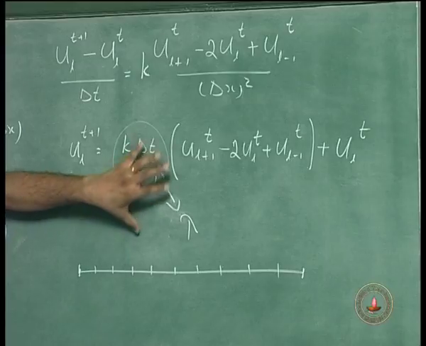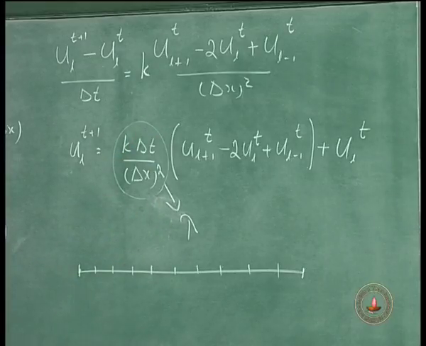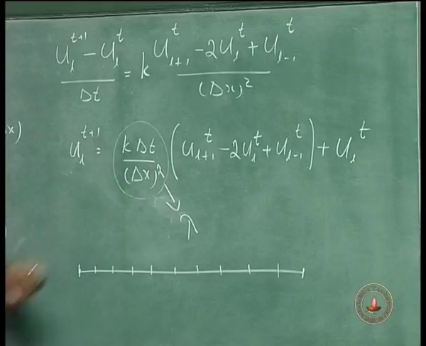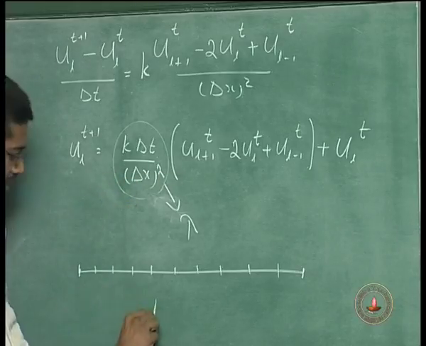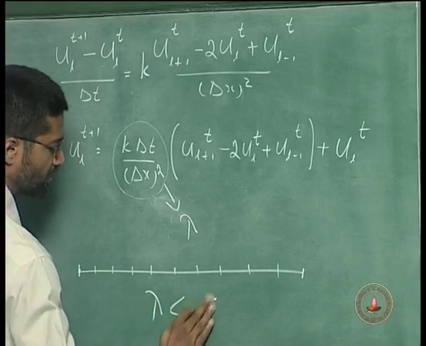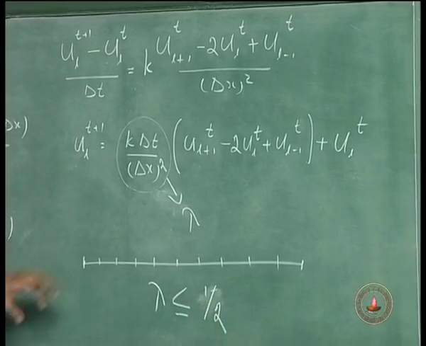So this simple equation can be used to solve the heat equation, but the only problem is that it is extremely sensitive to the value of lambda which we use. If you use a very large value of lambda, it is unstable. We have to use a small value of lambda, typically less than or equal to 0.5, to get good results.